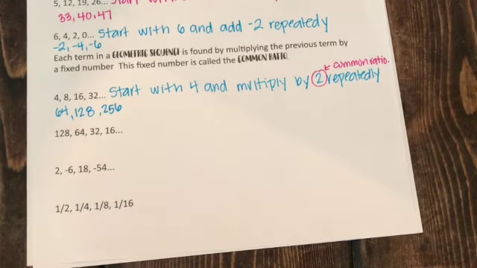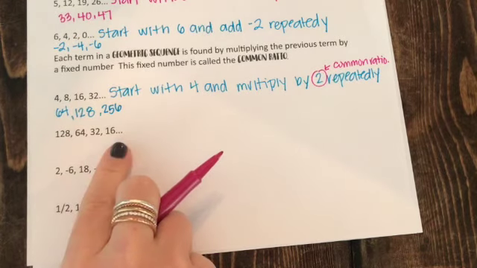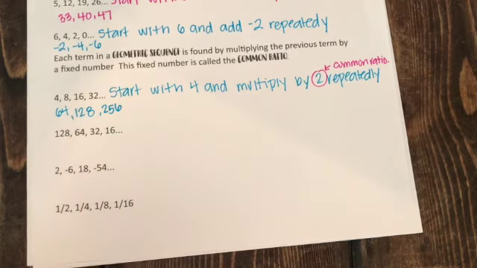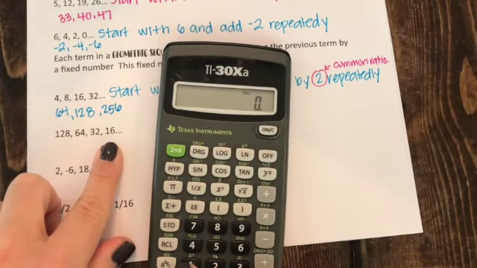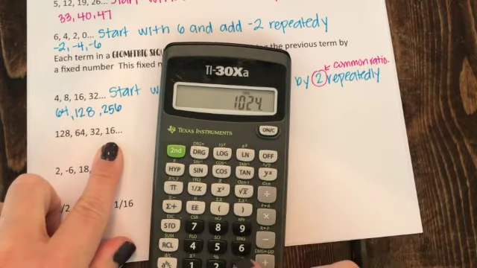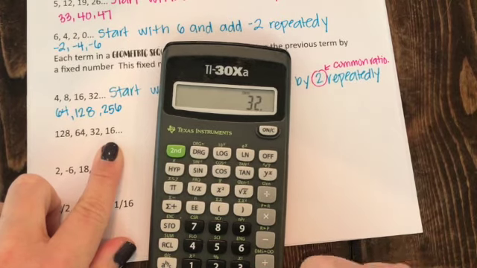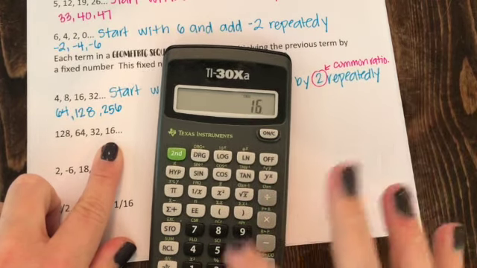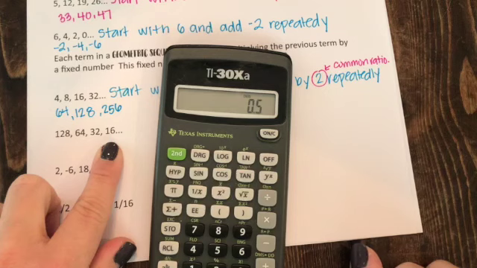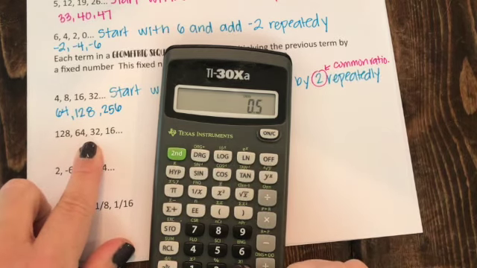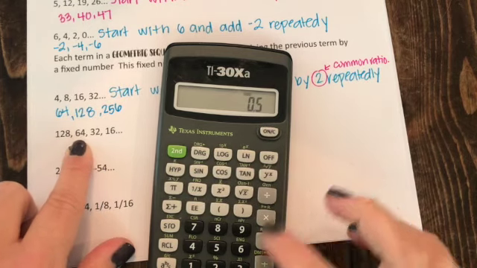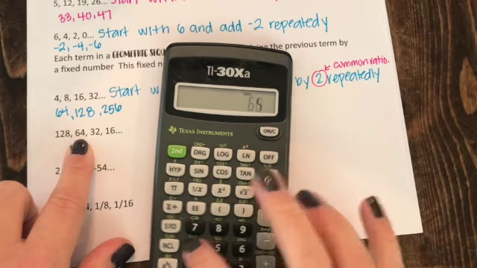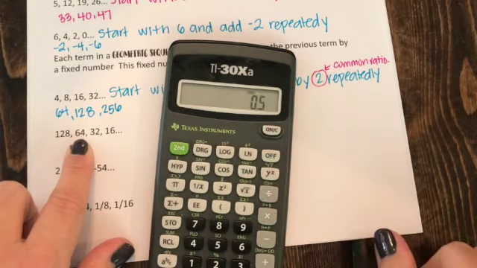Okay, the next one. You're not adding the same thing every time. So what is happening? So again, if you're not sure, start on 16. 16 divided by 32. What did you get? Just kidding. 16 divided by 32, I got 0.5. Well, what's 32 divided by 64? 0.5. Well, what is 64 divided by 128? 0.5.